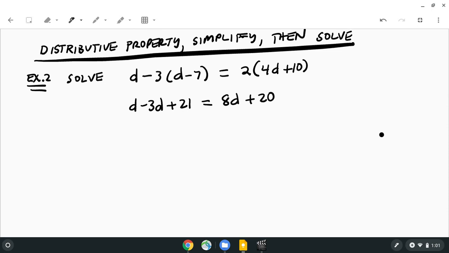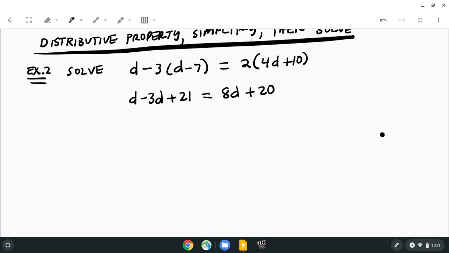Okay, so now I need to combine like terms, simplify. So over here on the left-hand side, I can combine the 1d and then minus 3d. So 1 minus 3 is -2. Okay, so here we see that we have variables on both sides.